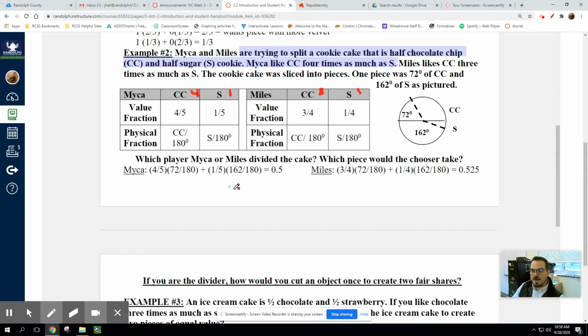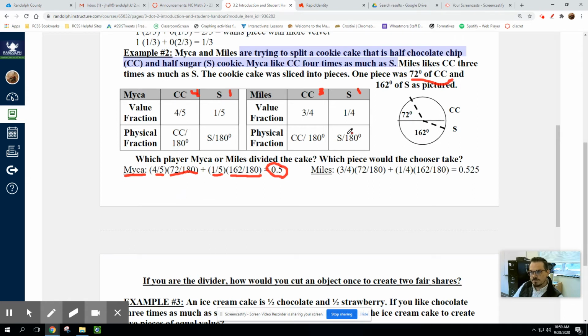Which player, Micah or Miles, divided the cake? When we decide who divided the cake, it's got to be who values either piece as 50%. So Micah: 4/5 times 72 for the chocolate chip out of 180, plus 1/5 times 162 out of 180. If you do the math there, it equals 0.5.